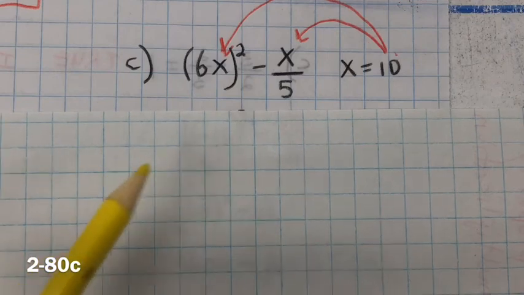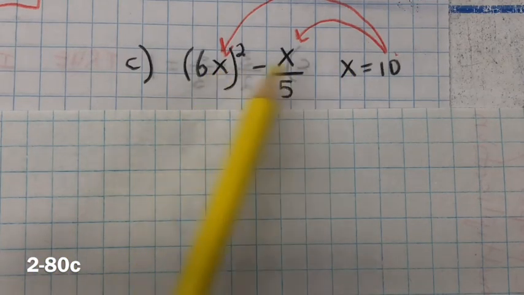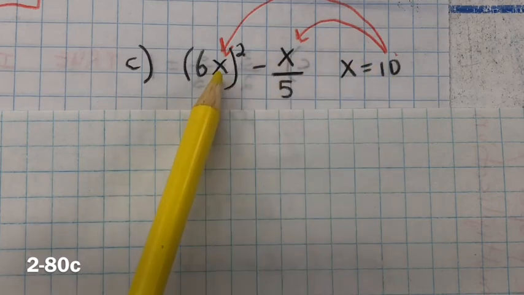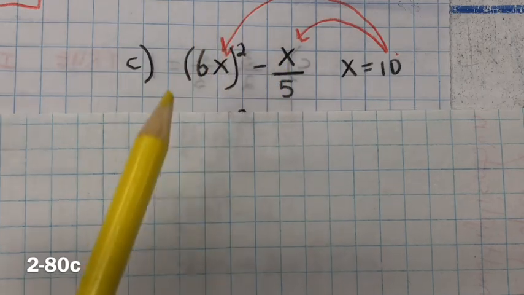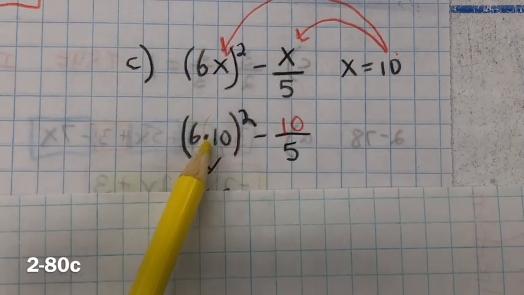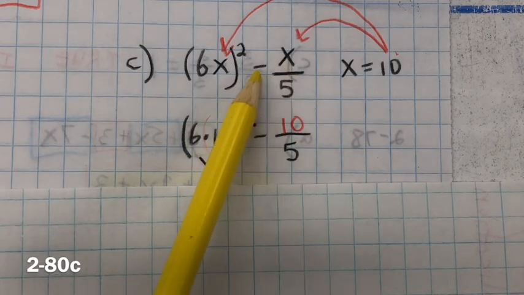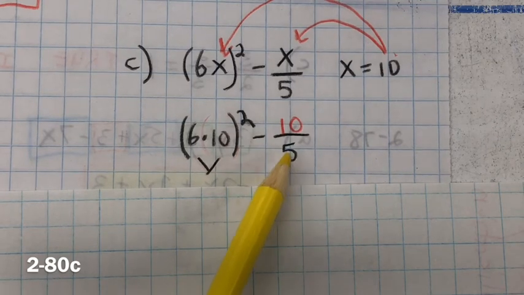Problem 280c, I have to substitute x with 10 for this term and x with 10 for this term. So now I have 6 multiplied by 10 and x over 5. Now I have 10 over 5.